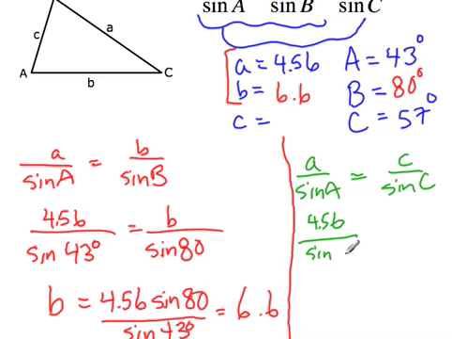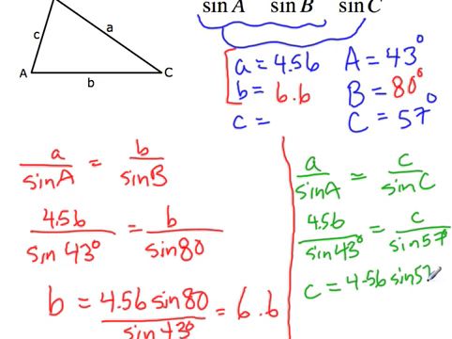Sine of A is 43 degrees. C I don't know. And sine of C is 57 degrees. Again, cross multiply divide. I'll get 4.56 times the sine of 57 degrees, all divided by the sine of 43 degrees.